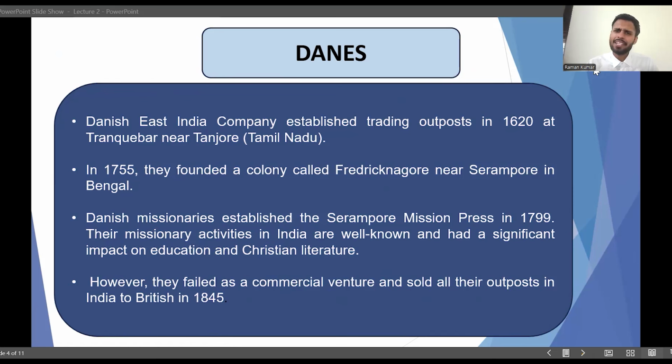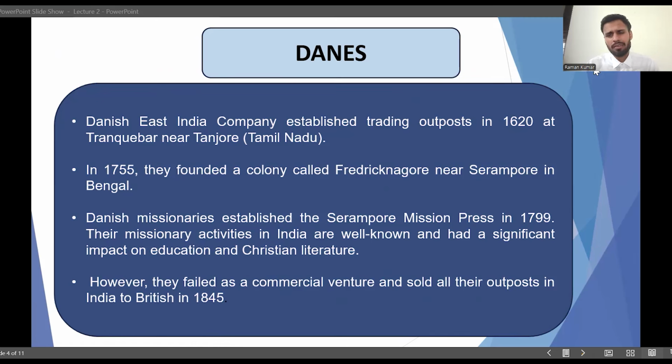They did not actually do much commercially in India. It is always said that their commercial trades or interests did not really flourish in India. But one thing that definitely flourished was the missionary activities that they did. As I have mentioned in the slide, in 1755, they founded a colony called Frederick Nagar near Serampur in Bengal.